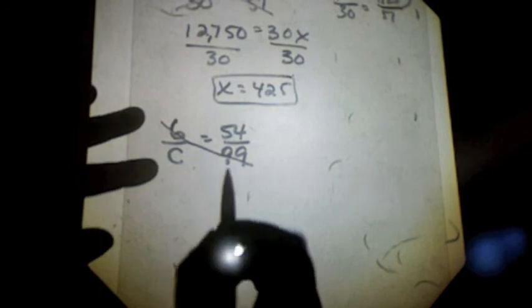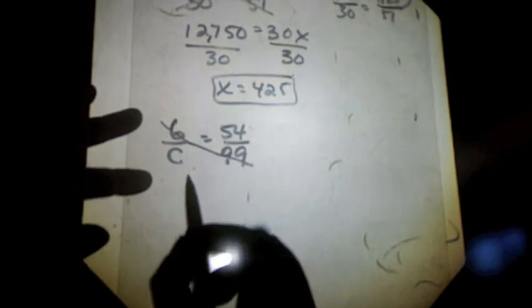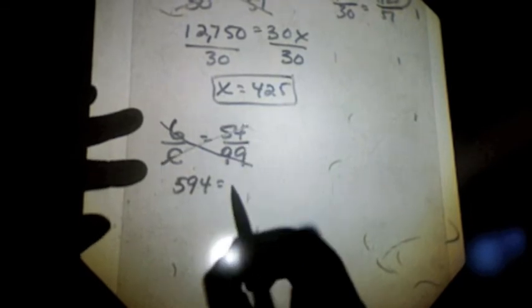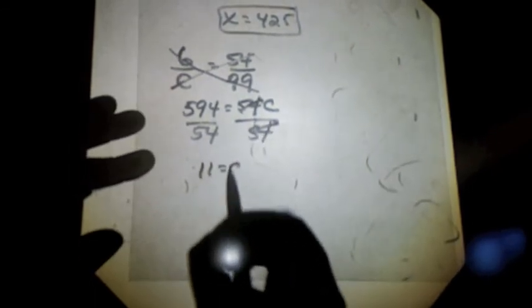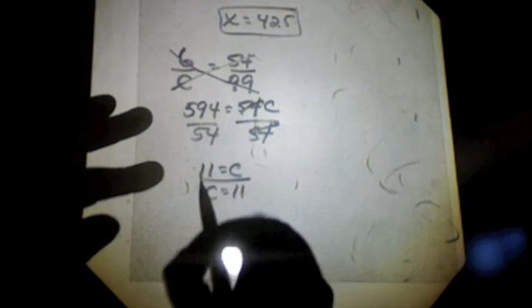What would we do here? 6 times 99 is what? 594. Very good. And multiply times this is 54c. And now what do we do? Divide by 54, and what do we get? 11. 11 equals c, but turn it around to c equals 11.